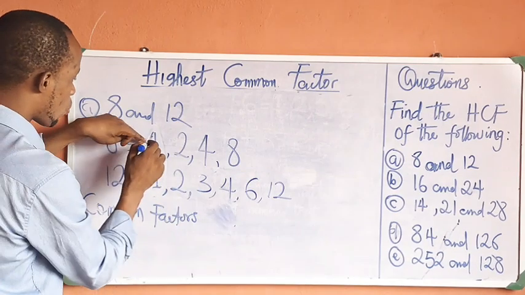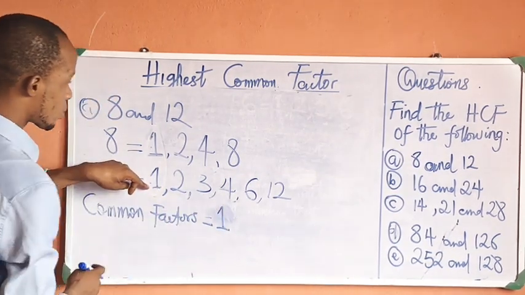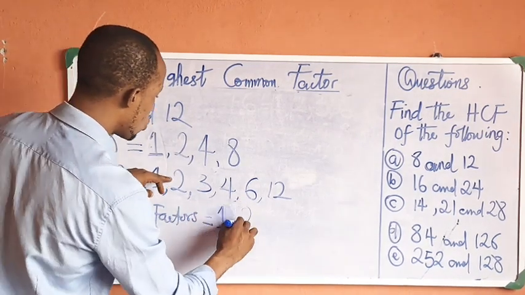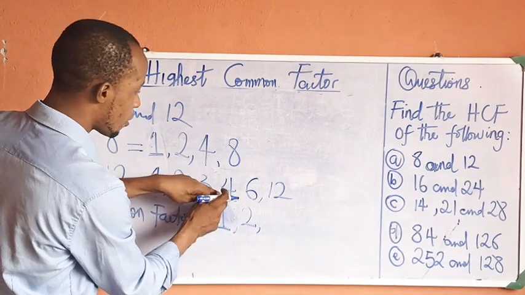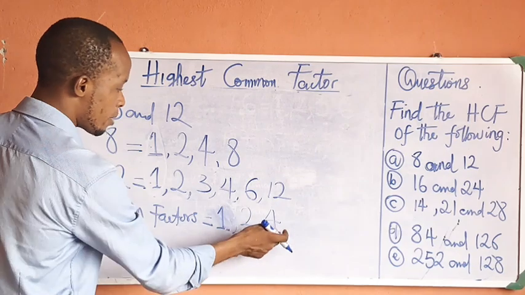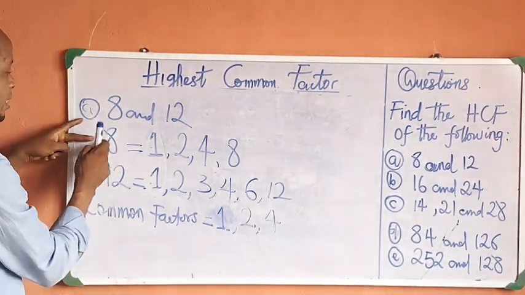You can see we have 1 here, 1 here. So 1 is a common factor. We have 2 here and 2 here. So 2 is a common factor. What else? You can see 4 here and 4 here as well. So 4 is a common factor. So these 3 factors are the common factors of 8 and 12.